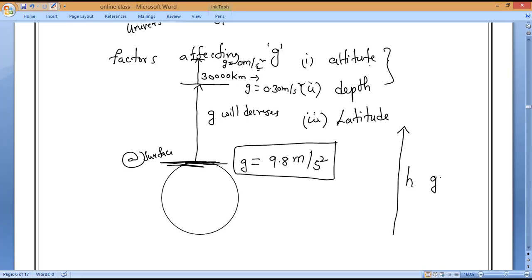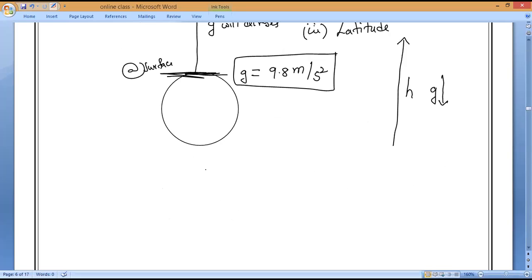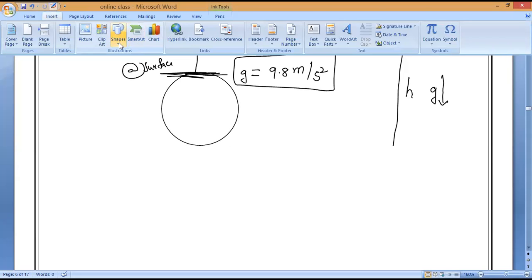That is the first thing we concluded with mathematical proof. So when you move away from the ground, acceleration due to gravity decreases.